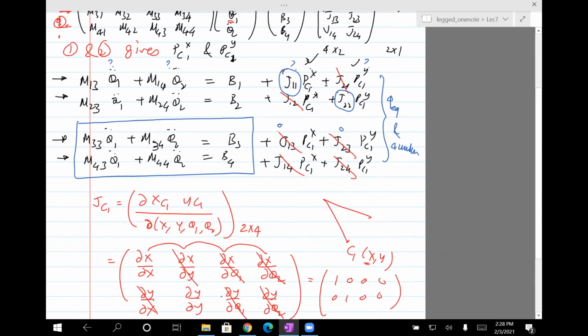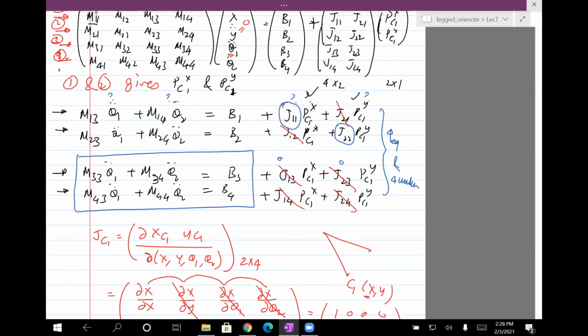Which is nice because now you can solve for theta 1 double dot and theta 2 double dot. And then you have these two equations, which can be used to solve for PC1x and PC1y, given that you know theta 1 double dot and theta 2 double dot, which come from solving these two equations.